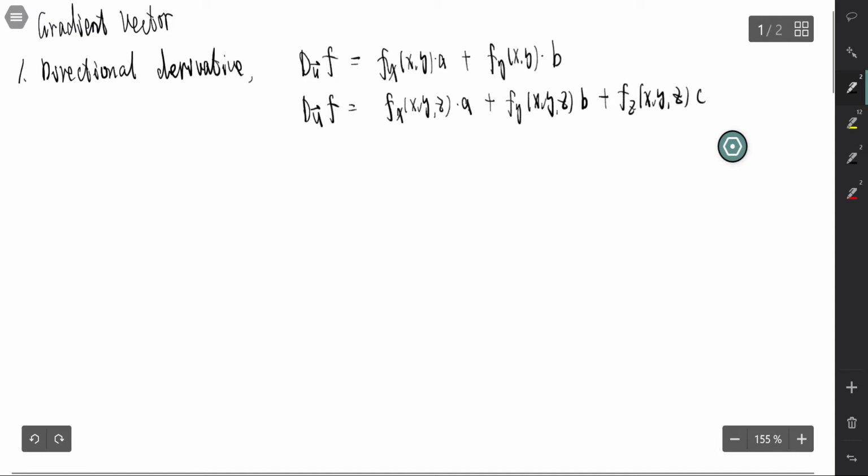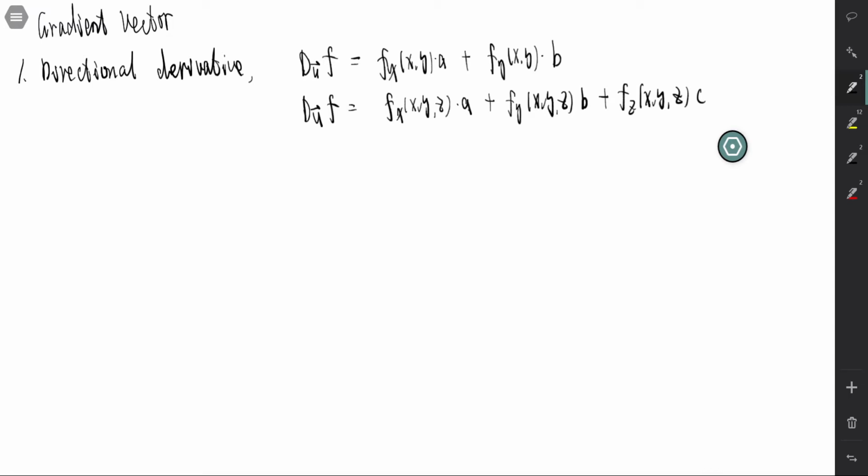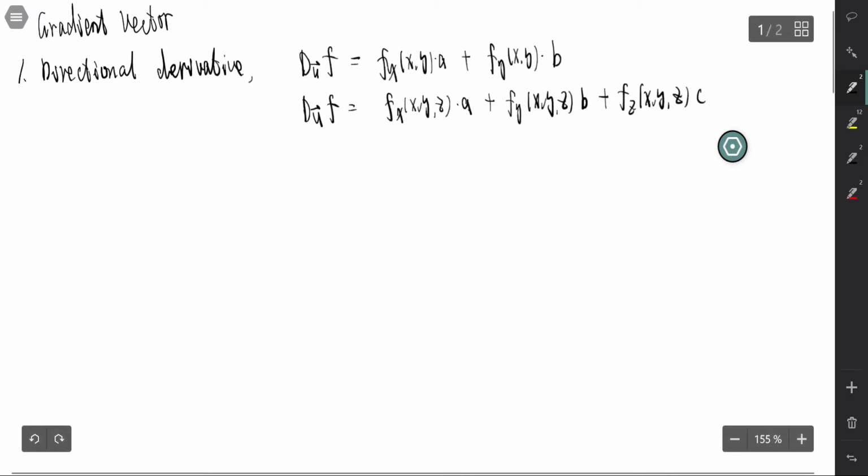But from the definition of directional derivative, we see that D_u f can be written as the dot product of 2 vectors.